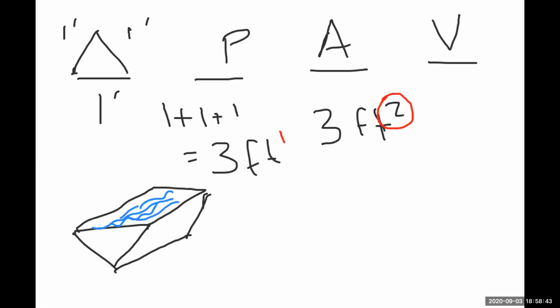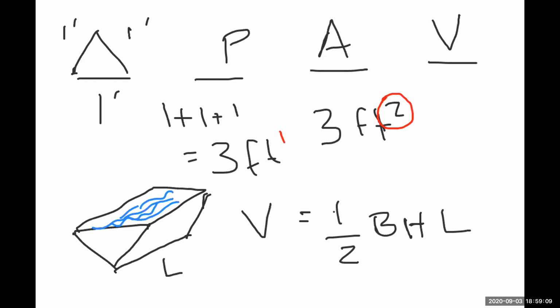We want to know how much water this ditch can hold. So the volume of that ditch is the area, 1/2 base times height, times the length of that ditch, L.